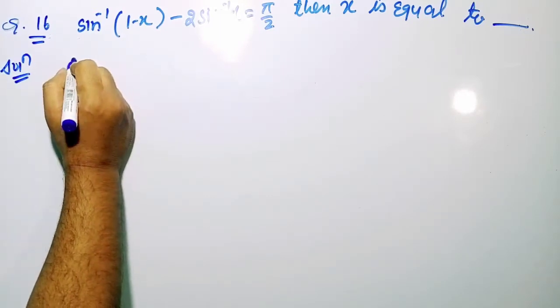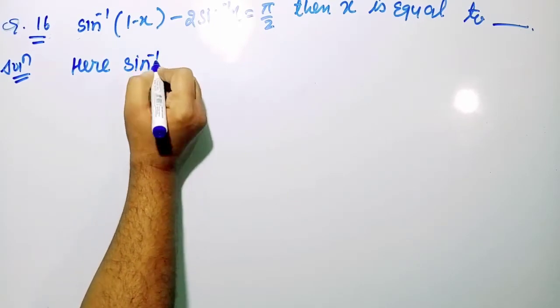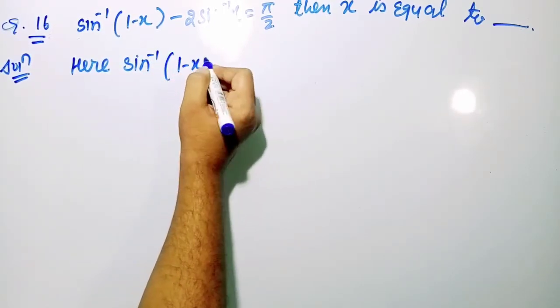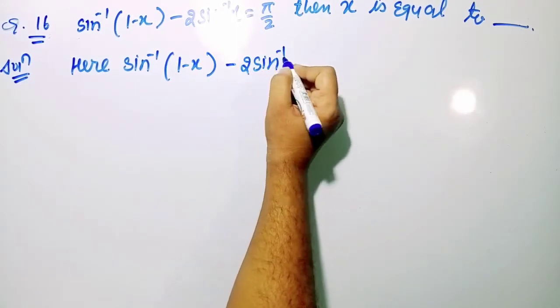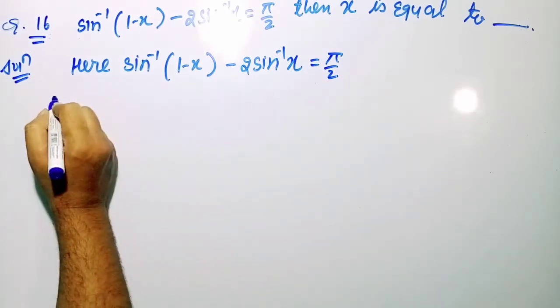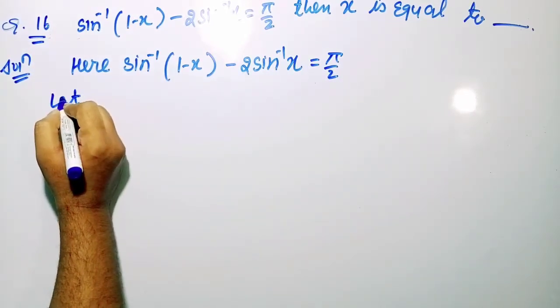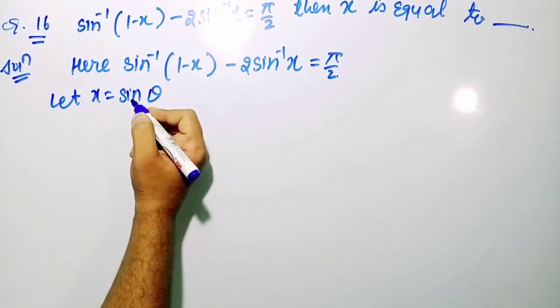So let us see the solution. Here it is given that sin inverse (1 minus x) minus 2 sin inverse x is equal to pi by 2. Okay, so let us consider, students, x is equal to sin theta, right?